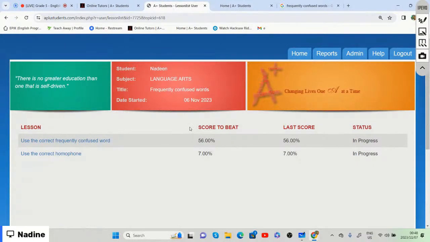So we use them in the wrong context in a sentence because of the difference that they have. But with frequently confused words, it's best to know the meaning and also to know if it's a verb or noun in order for you to use it correctly.